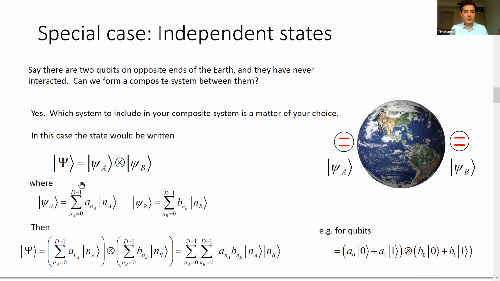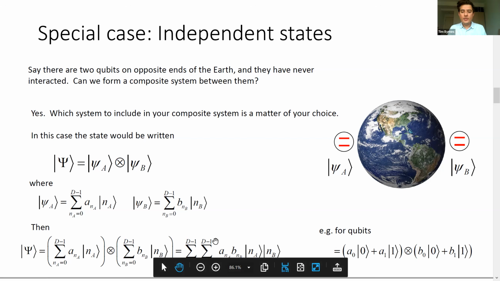So if Alice has this particular state, psi A, and Bob has this particular state, psi B, then the composite state of those two is you just take the tensor product of both of these, and then you can write it like this, and this is a specific form of state.